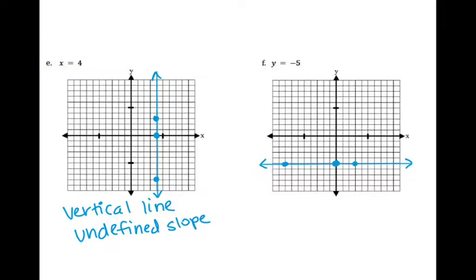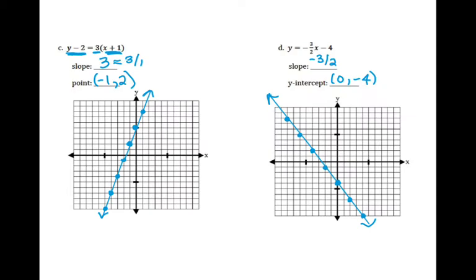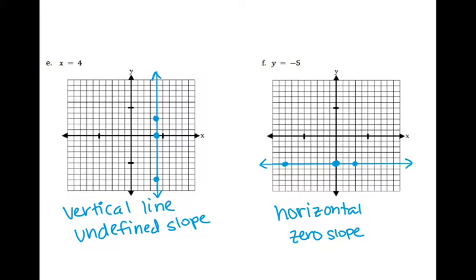When I have y equals a number, that is going to be a horizontal line with a 0 slope. Now, anytime you have an equation with both an x and a y, that is going to be a diagonal line, which is what we have been graphing for the past 2 slides. So x and a number is going to be vertical, y and a number is going to be horizontal.